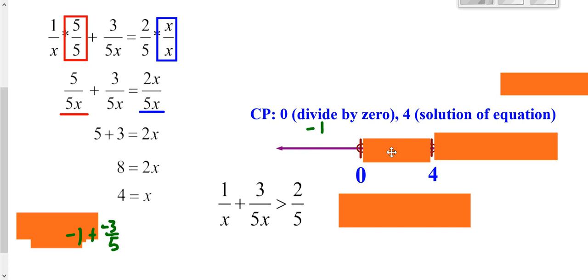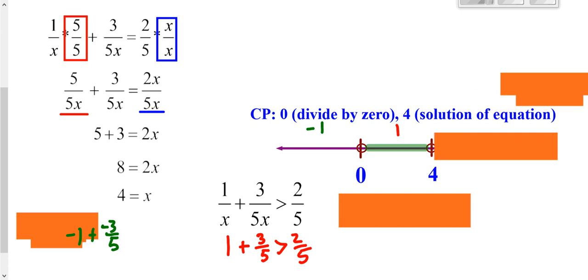We can try a number in between, say maybe 1. So if I try 1 here, 1 plus 1 over 1 is 1, plus it'd be 3/5. 1 plus 3/5 is greater than 2/5. So I tried a number in between and it worked. So I'm going to shade there. I could try a number to the right over here. I could maybe try something like 5, because that's in that region.